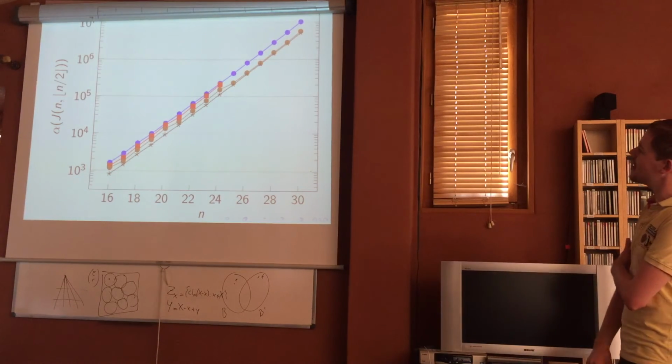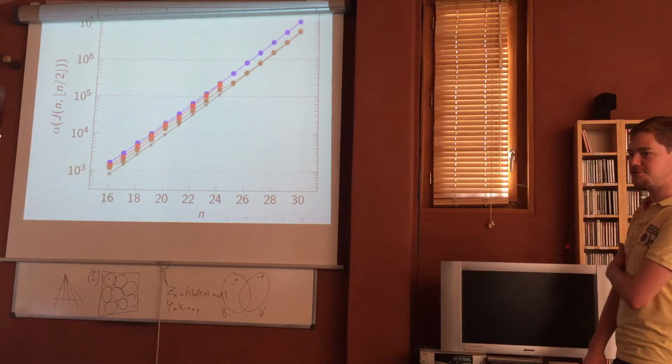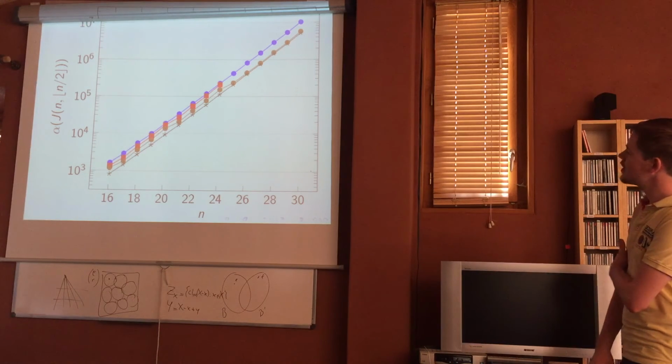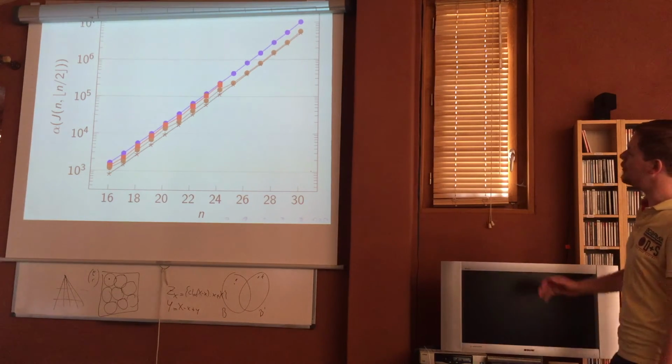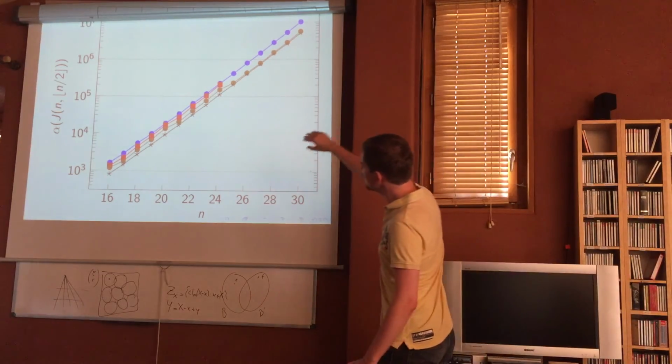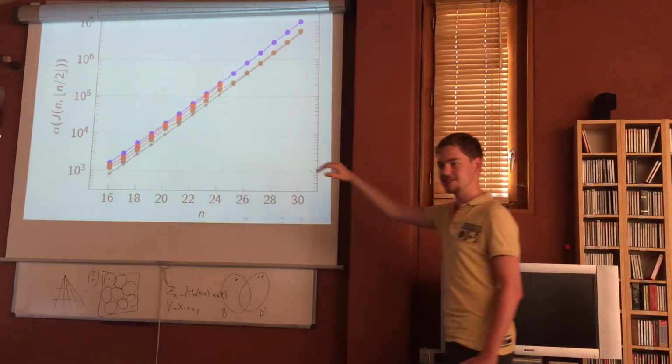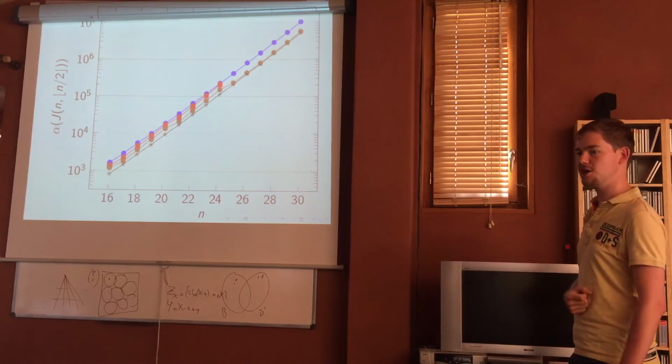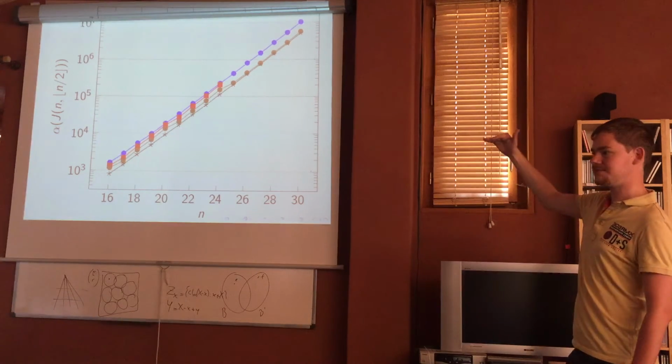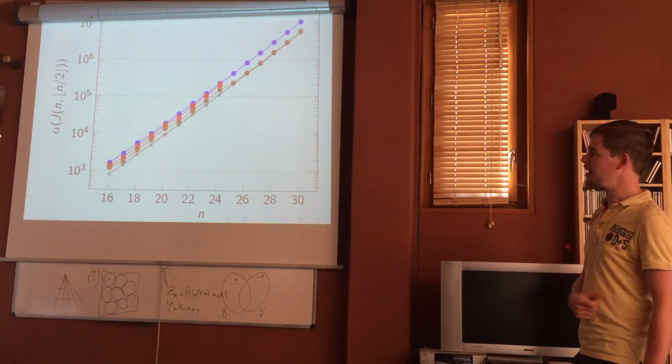So here's a nice plot that I took from my master's thesis, where the lower line with stars is the lower bound due to Graham and Sloane. The upper bound is basically the upper bound that we found.